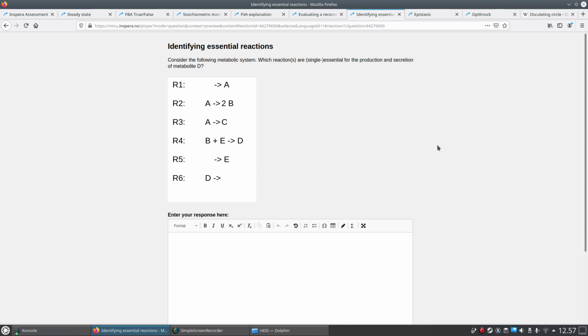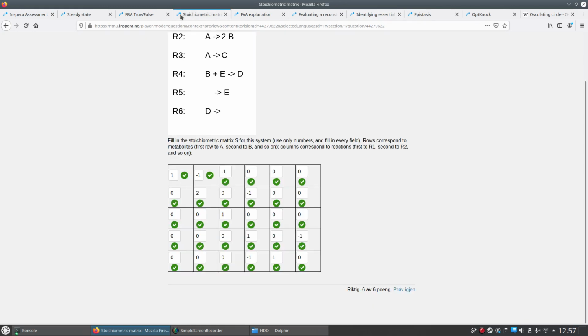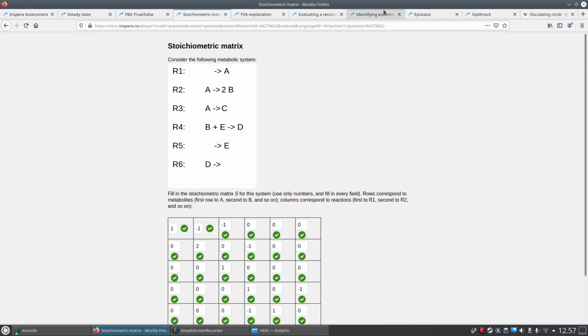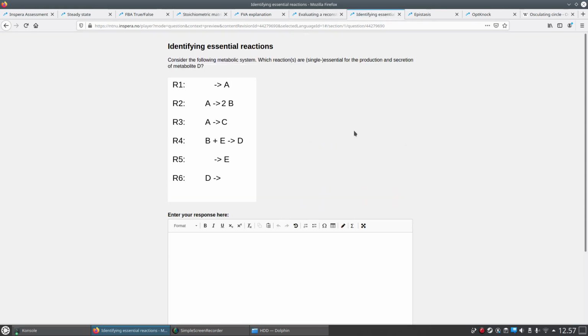Next, I think we have a metabolic system, the same as we had earlier. The question is, which reactions are single essential for the production and secretion of metabolite D? I realize in retrospect this could actually have been a multiple choice, but so be it.